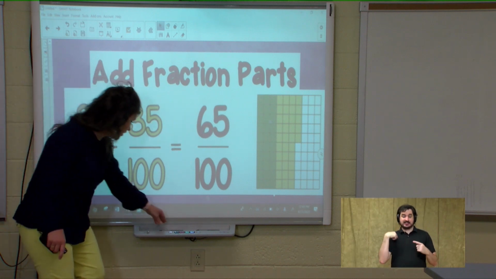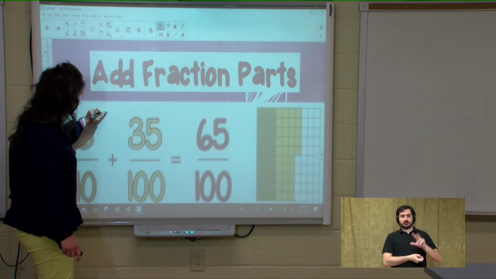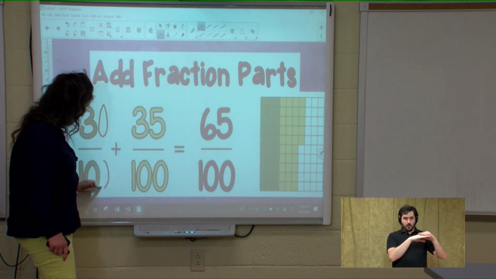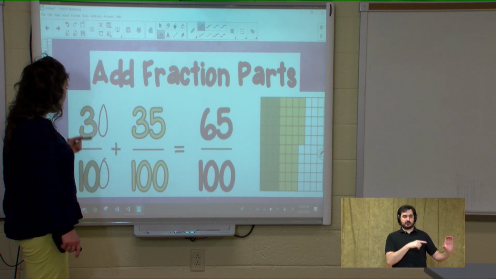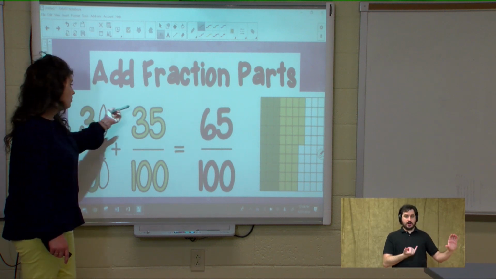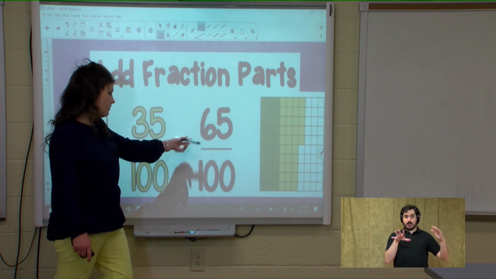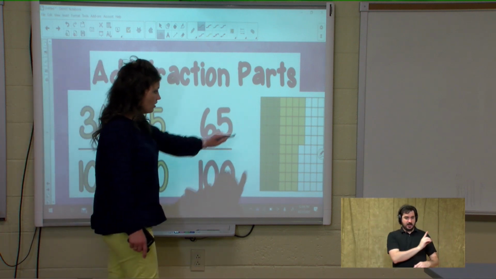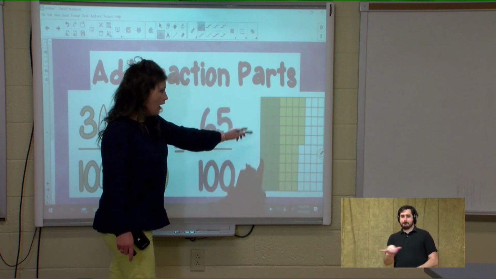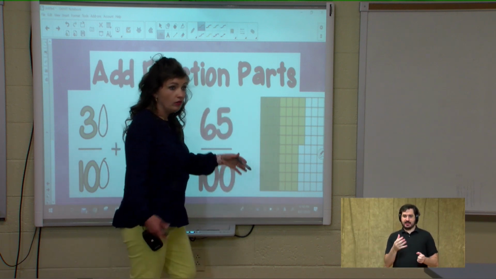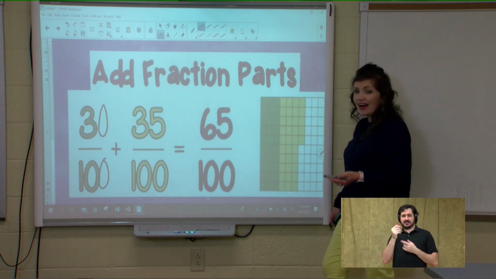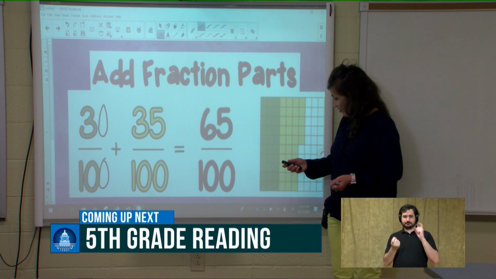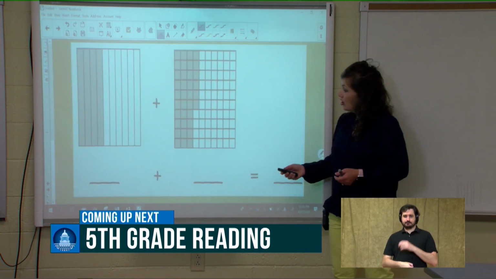I could change this to 30 hundredths. Now I could add 30 plus 35 to give me 65. And remember, our denominators stay the same because look at my place value tile. How many total tiles are on there? 100, right? So that's not going to change. Our denominator will not change.